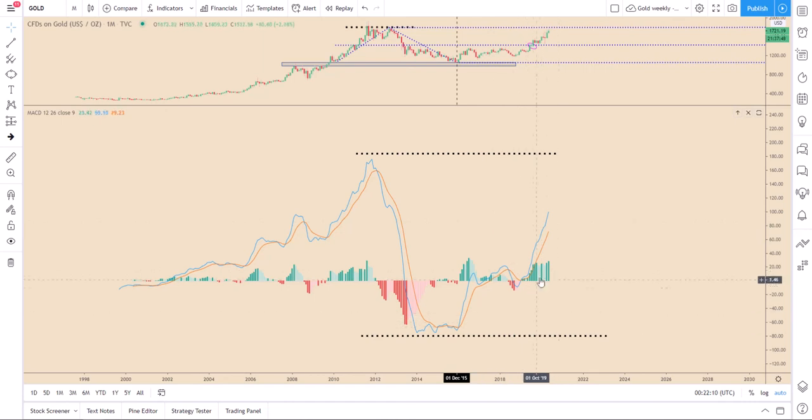And then on the other end, once price reverses and does a correction, when MACD gets back down here, and now you're saying, hey, Brian, where do you want to bet your money?